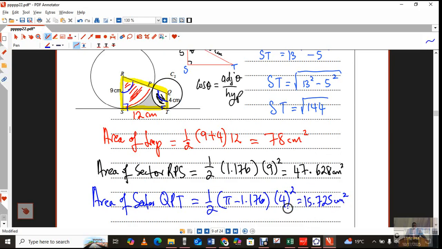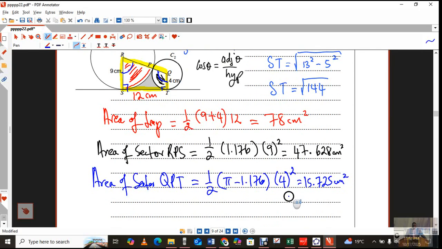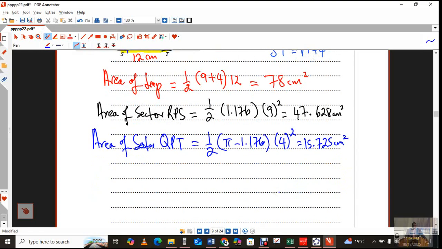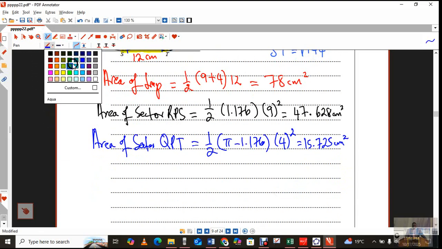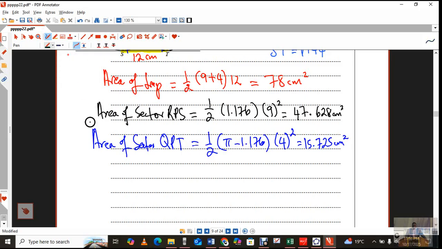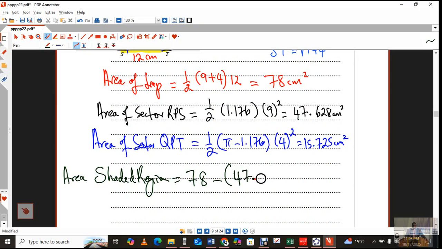Now, why did I do that? I'm going to take the area of the trapezium and subtract the area of the two sectors. So the area of the shaded region is 78 minus the 47.628 plus 15.725.